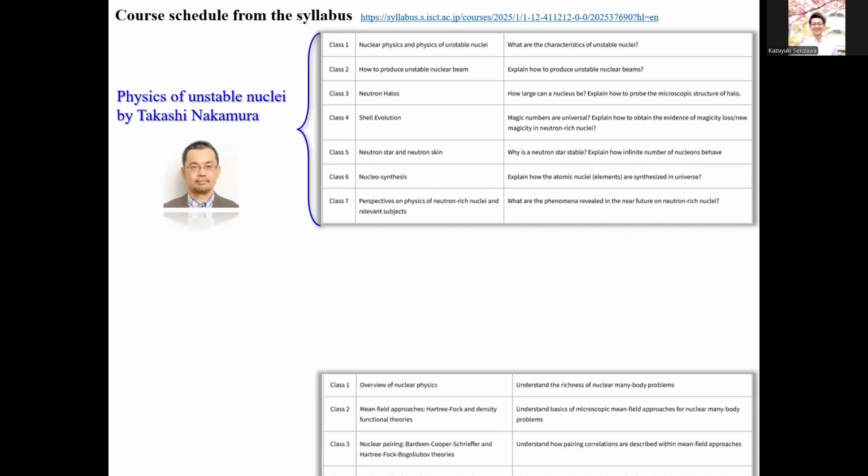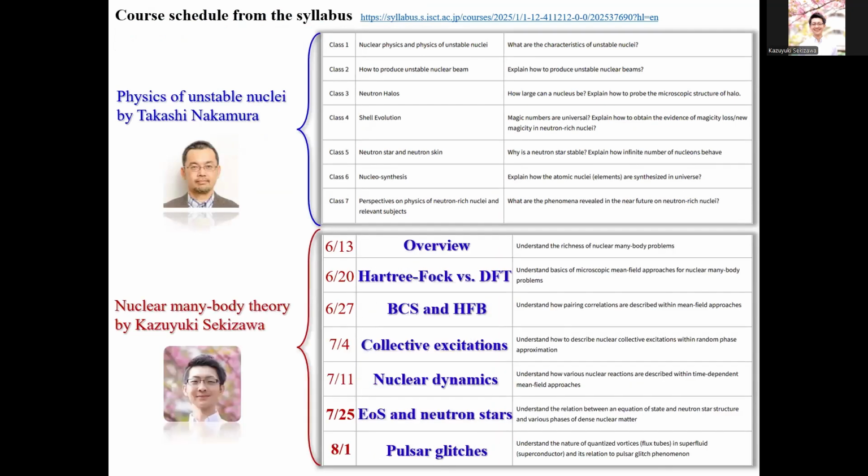So this is a reminder of the syllabus. So far I introduced Hartree-Fock and DFT, the mean field approaches, and some pairing correlations. In the last lecture, I discussed some methods to describe the collective excitations, the TDA, Tamm-Dancoff approximation, and RPA, random phase approximation.